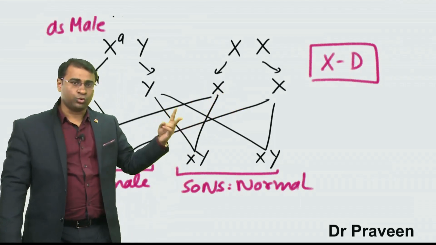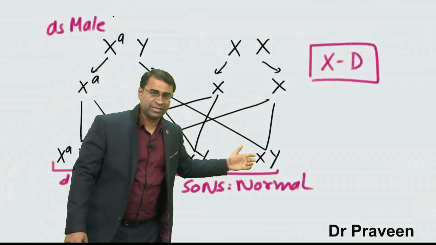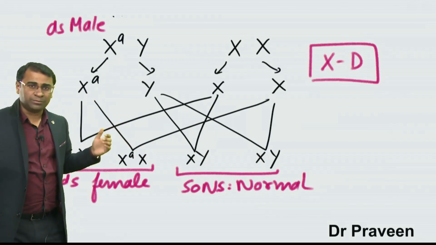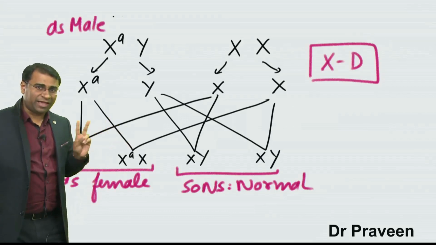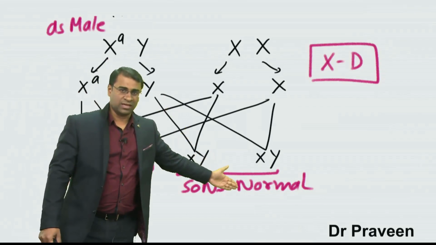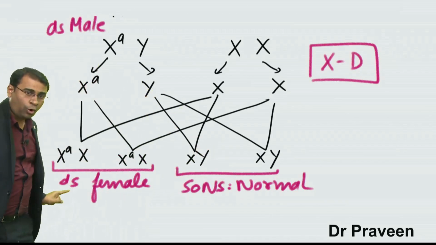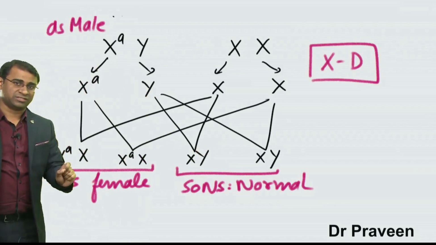We have discussed two rules. Rule of dominance: if any child is diseased, one of the parents must be diseased. Second, rule of X-linked disease: male will never transmit to son. And also note, when the male is diseased, all daughters are diseased here.